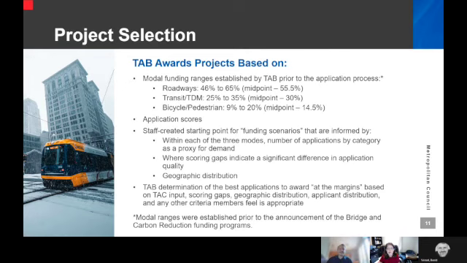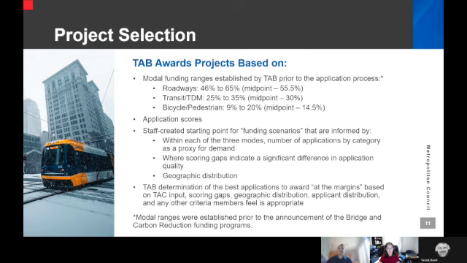So each funding category is shown to TAB in descending order of the score, and then council staff has produced starting point funding scenarios that award the correct amount of funding that's available to be awarded, and then adhere to the other norms and rules of the process.